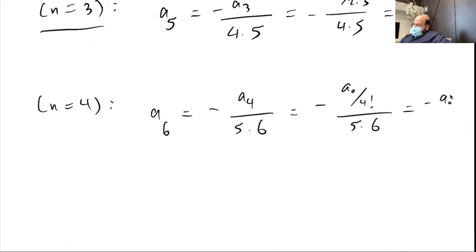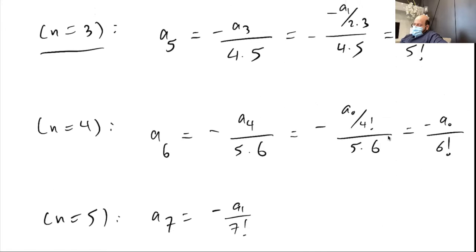That's minus a0 over 6 factorial, since 4 factorial times 5 times 6 is 6 factorial. Similarly, if you replace n with 5, you'll get a7 equals minus a1 over 7 factorial.